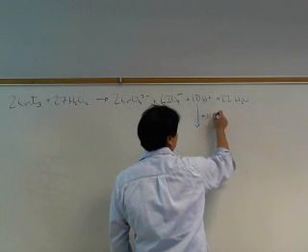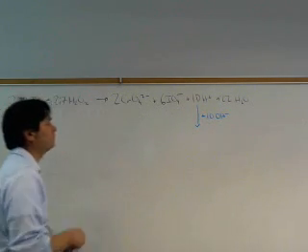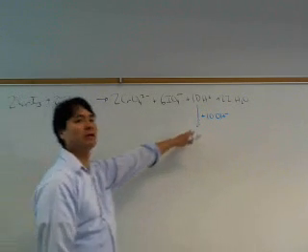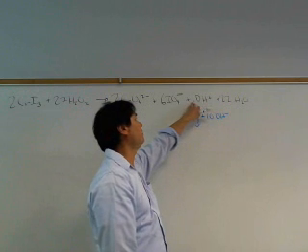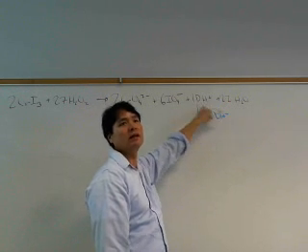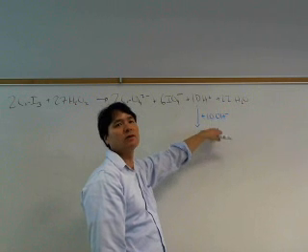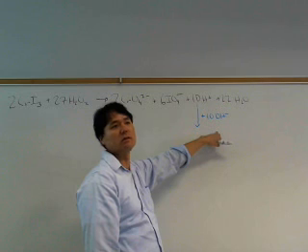I'll just add 10 hydroxides over here. I have as many as I want, because it's basic solution. And so if I had 50 H pluses, I'd just add 50 hydroxides. If I had 100 H pluses, 100 hydroxides. Any amount is fine. This is base.